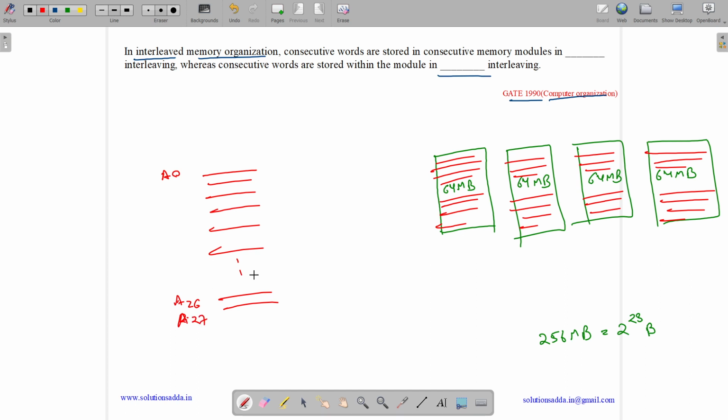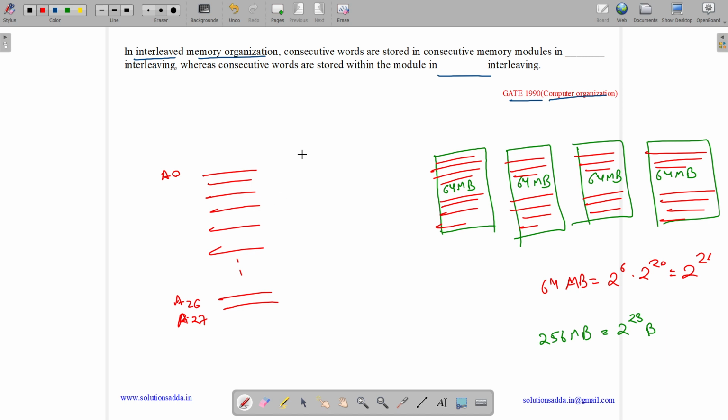So what we will do? For 64 megabyte, we need 2 to the power 6 and 2 to the power 20. We need 26 lines. So we can have two options.